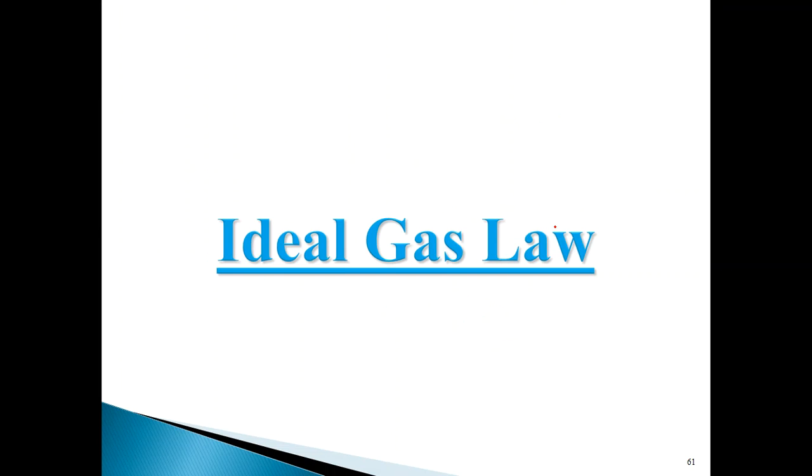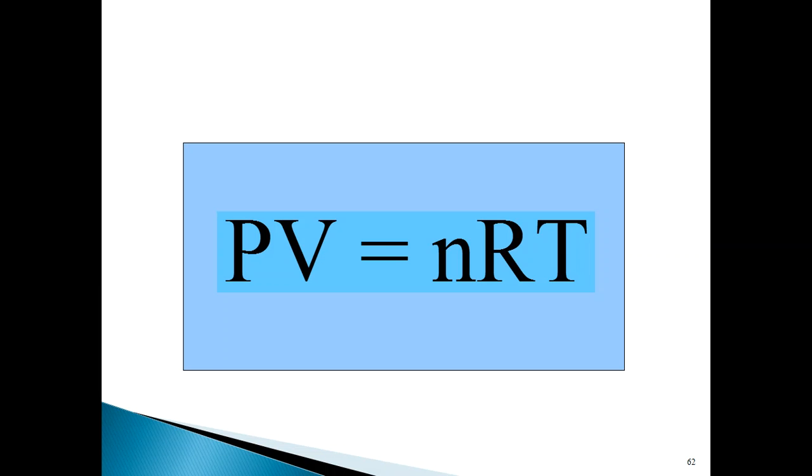Okay, let's talk about the ideal gas law. The ideal gas law is the equation that ties in everything: the pressure, the temperature, the volume, and the number of moles of the gas. And this is the ideal gas law right here. PV is equal to nRT.